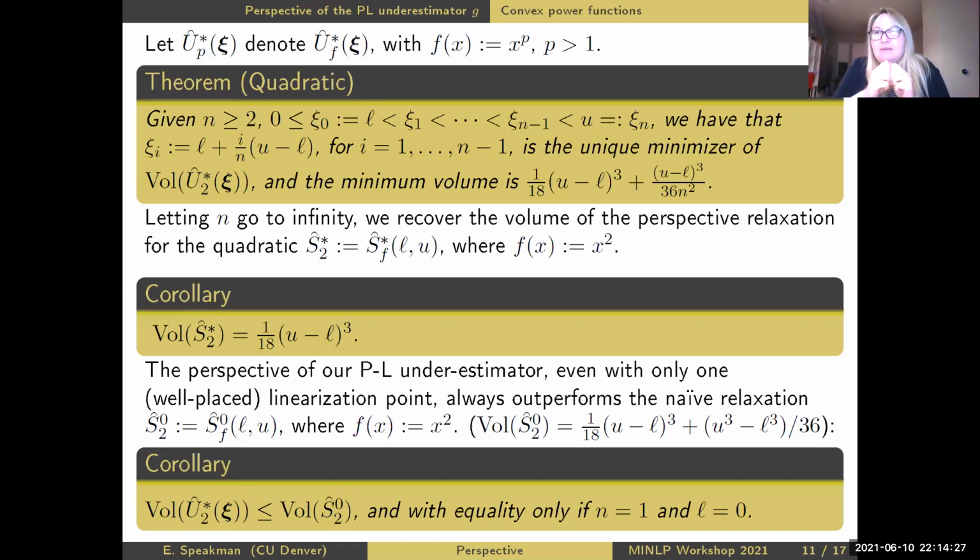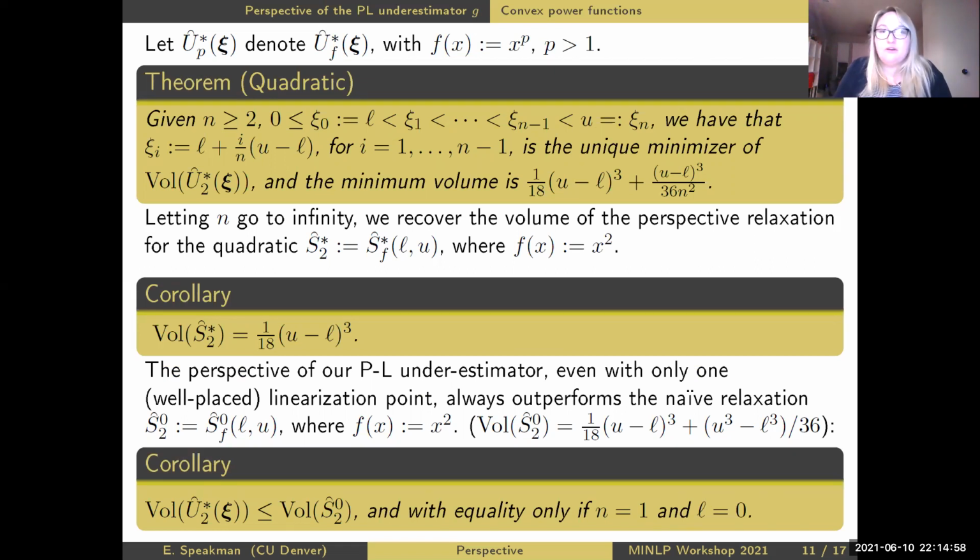I'm going to take the piecewise linear under-estimator and do the perspective reformulation and find the volume. My question is, which linearization points should I pick to get the smallest volume?